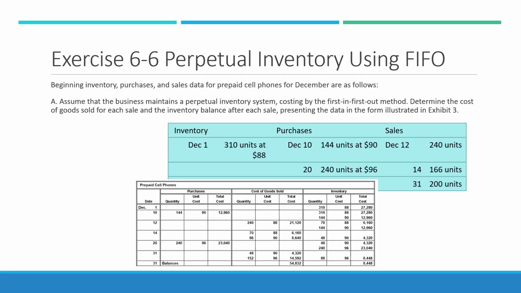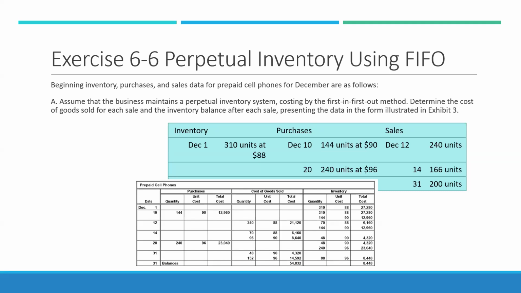And then the sale of 166 units is going to be partly from the 310. It's going to use up the remaining 70. And then 96 of the new inventory on the 10th.